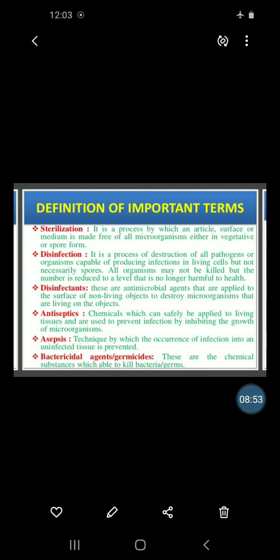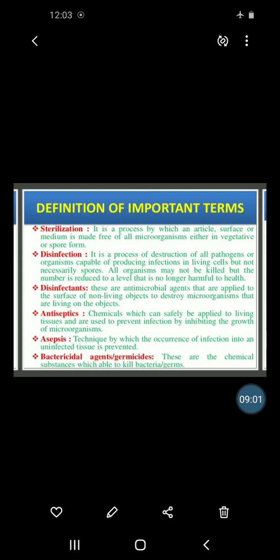So these are the methods of sterilization: physical method, chemical method, and last the mechanical or filtration method. We will see in detail one by one.